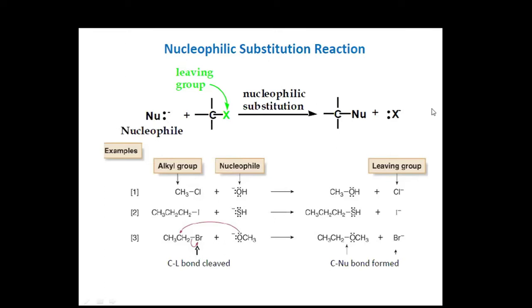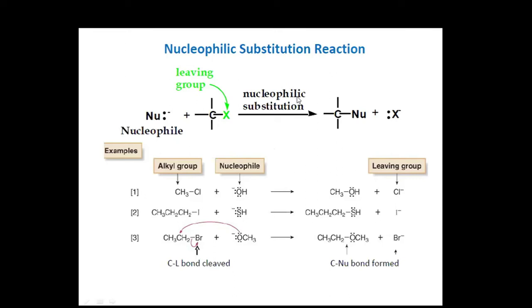This is the general representation of nucleophilic substitution. Here we are not covering SN1 or SN2 at the moment. SN1 is nucleophilic substitution unimolecular, and SN2 stands for nucleophilic substitution bimolecular.